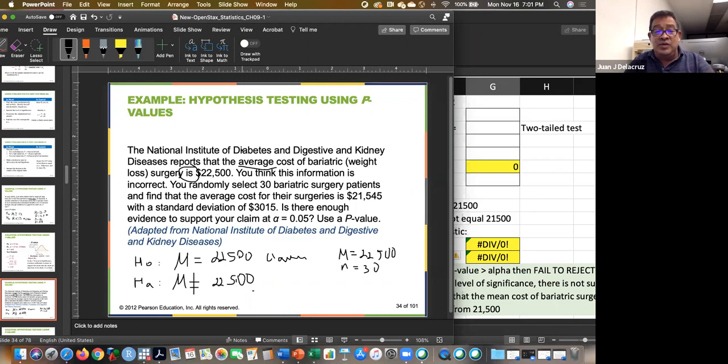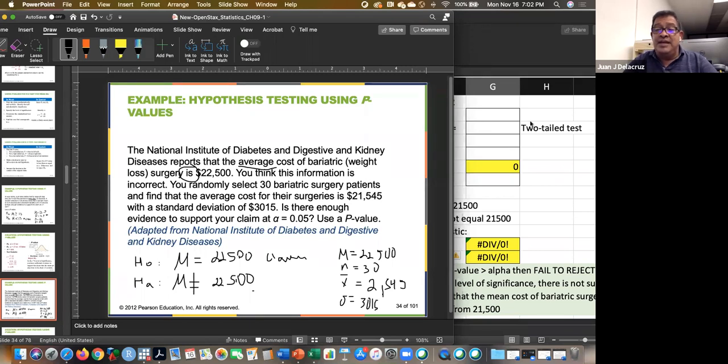We do a test, a sample of 30, and that sample mean tells me that the cost is 21,545, and the standard deviation sigma is equal to 3015. At this point, I don't care if this is the standard deviation of the sample or of the population, as long as the sample is at least 30 elements, right?